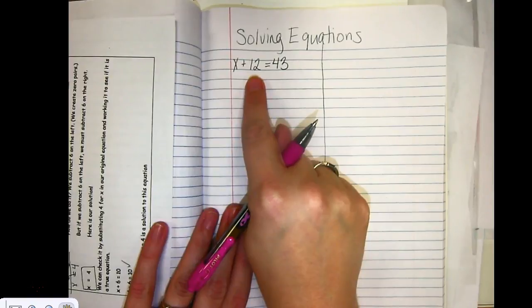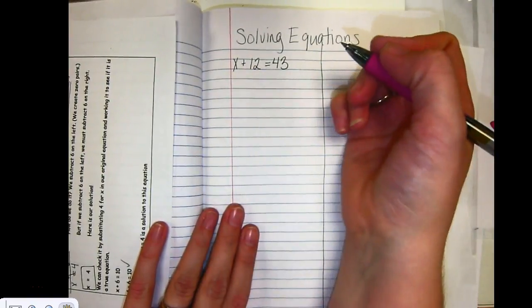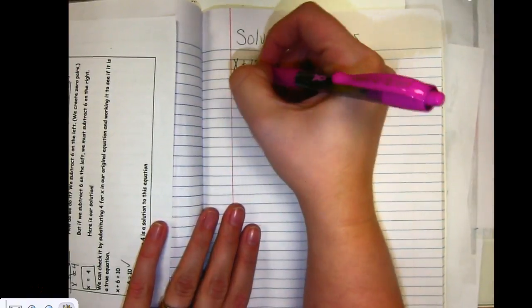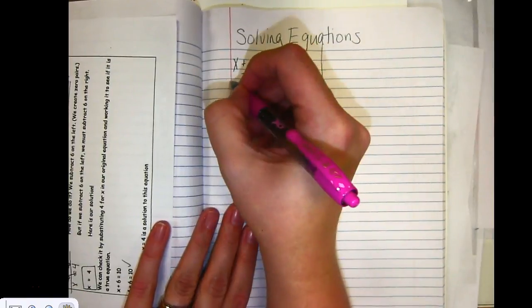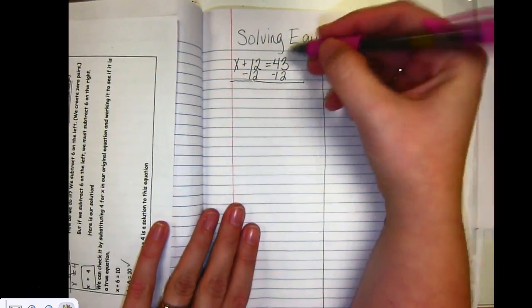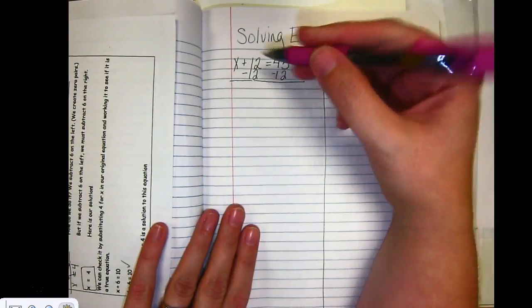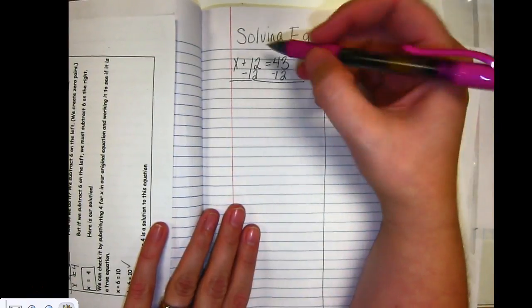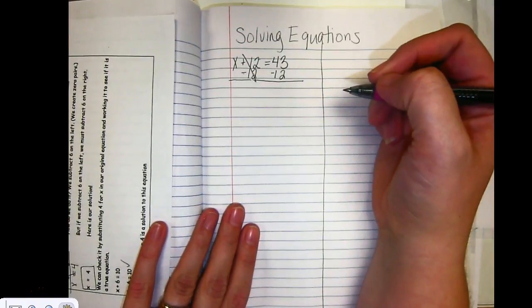So the first thing you think after that is, what's the opposite of adding 12? And that's subtracting 12. So we do the opposite operation, the inverse operation, but you have to do it on both sides. This is exactly how I want you lining up your problems. Okay, it really comes in handy when you get in higher grades when you have more than one step to do. So 12 minus 12, that's 0, so it goes away.